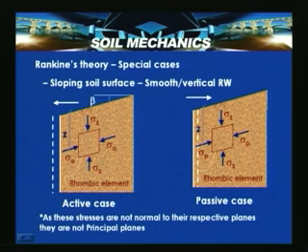So this is a typical rhombic element in case of the active case, and this is the passive case where you have got sigma p as the passive earth pressure and sigma z as the vertical stress. As these stresses are not normal to their respective planes, they are not principal planes. That has to be noted.